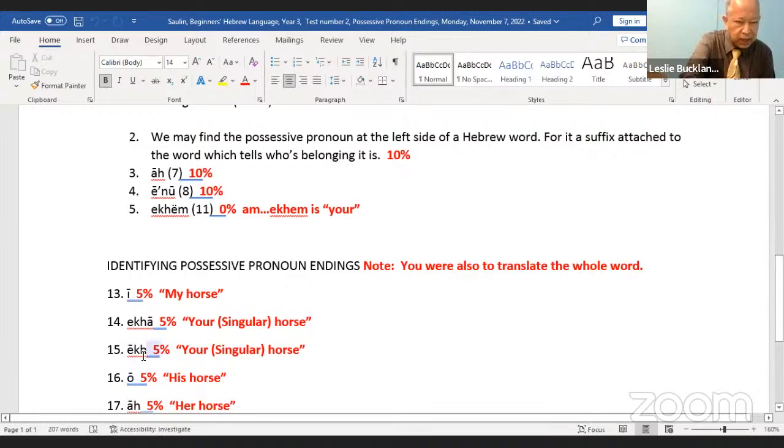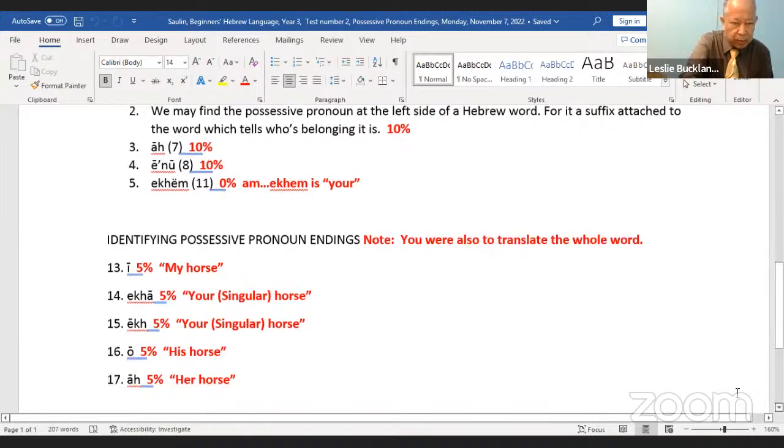Ek is the second person singular feminine gender possessive pronoun ending. Your horse, meaning your is referring to a female. O is the third person singular masculine possessive pronoun ending. It's a holem, and it was Suso, and you would have translated Suso as his horse.